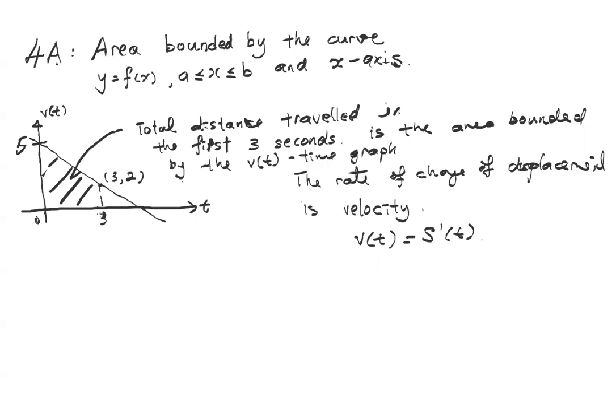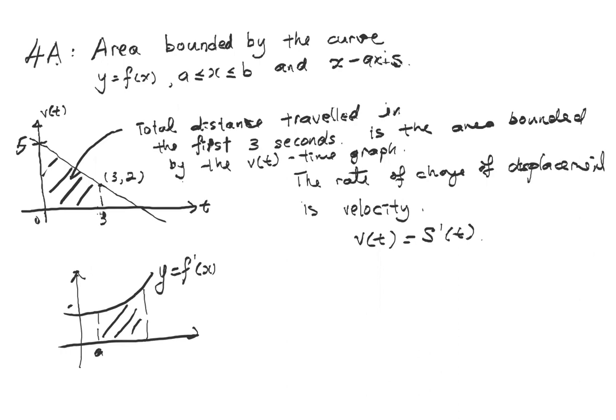Am I right? Okay, so you understand this idea? So now, if I give you any function and I tell you this is y equals f'(x), then you tell me what does this area represent? In words.